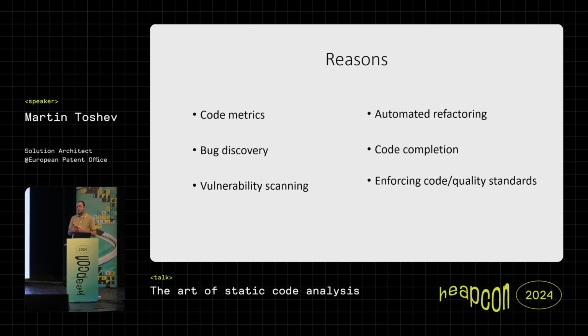And you can also use static analysis, last but not least, to enforce source code quality standards. There are frameworks like ArchUnit in the Java space, which are gaining more popularity, and they allow you to write tests that validate that your source code repository follows certain structure. You have proper naming, you structure code in proper packages, and so on and so forth. So these are just a few of the reasons that you might choose to write or use a tool for static code analysis.